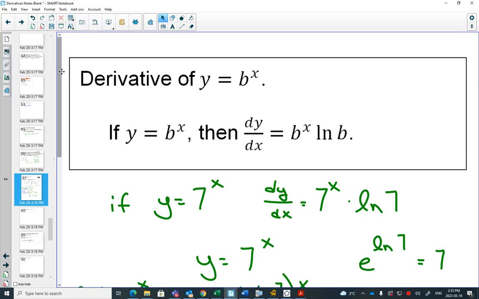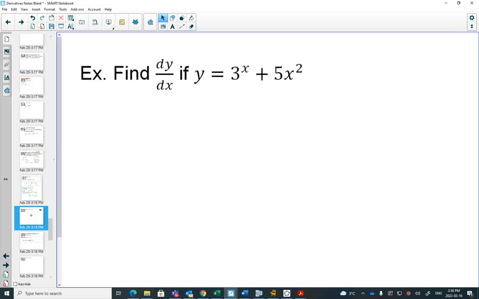If you wanted to know where that formula came from, it comes from the derivative of e to the x is e to the x. How would you prove the derivative of e to the x is e to the x? You'd have to go back to your definition of your derivative and start from there with your limits. That might also be fun to do at some time.